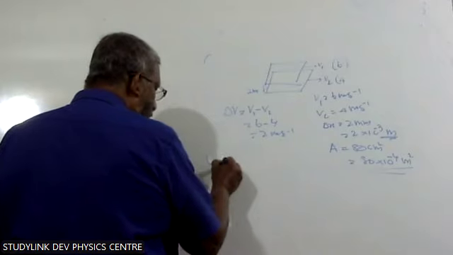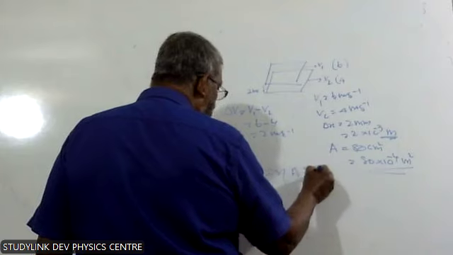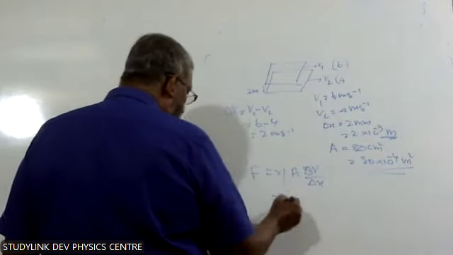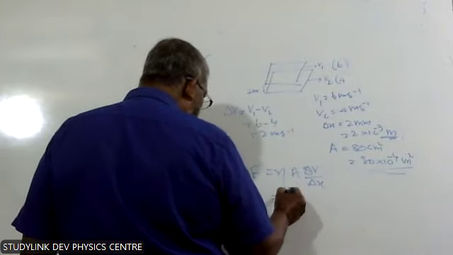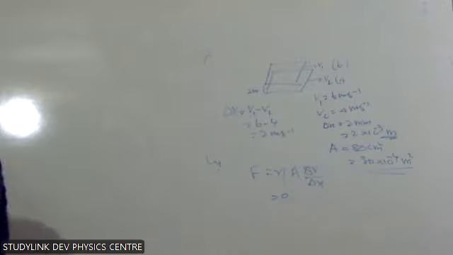Using the Newtonian equation, F equals eta A delta V over delta X. Correct substitution. So F is equal to, wait, I'll double check, 0.2.